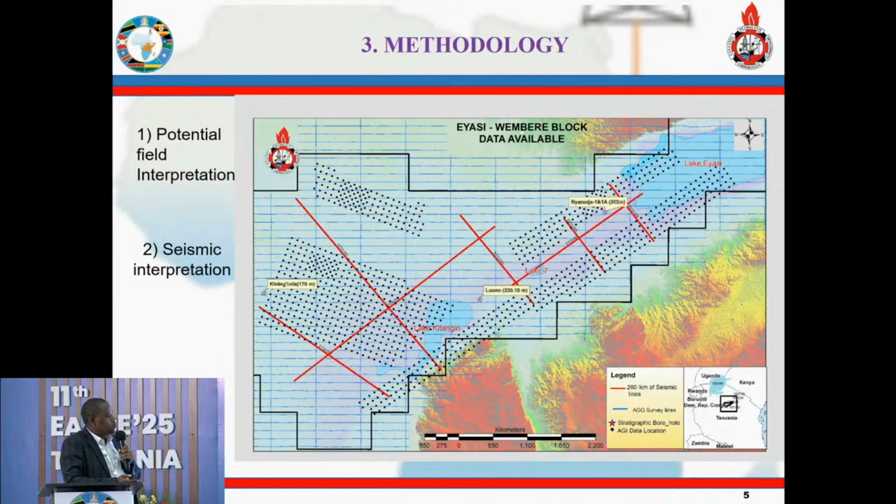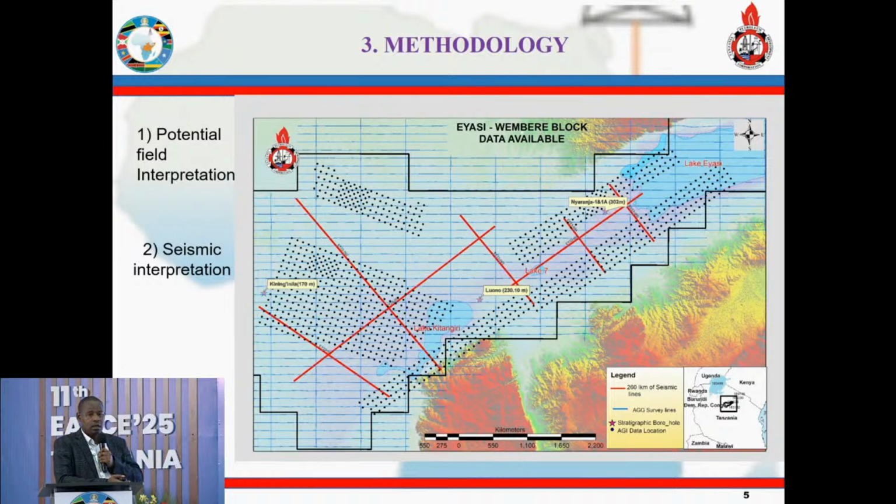Thereafter, we decided to do amplified geochemical imaging in order to confirm if there is any indication of hydrocarbon within the basin. The method was very successful, and also, as Musa explained about the microseepage analysis using satellite information, we were in a position to make sure that this area is potential for TPDC to proceed with exploration.